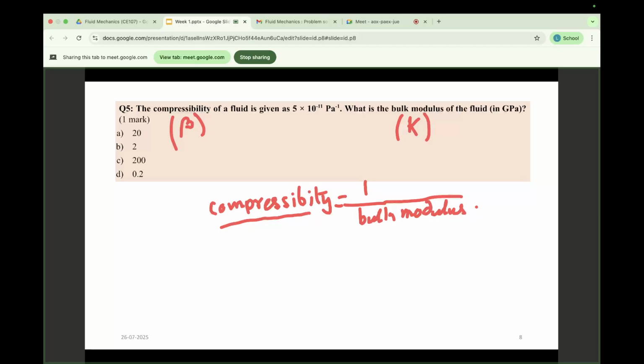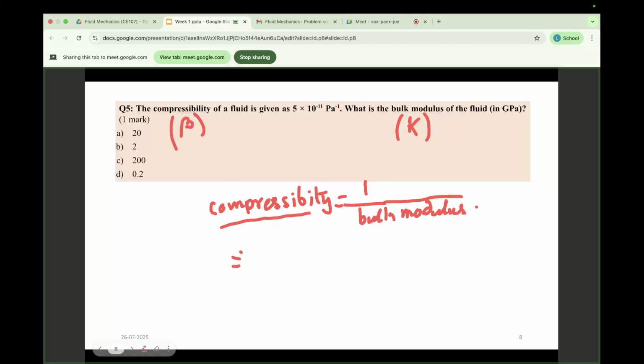So a constant represents how rigid the body is or how it resists the compression. Since we are dealing with a fluid, this bulk modulus represents the resistance of a fluid to compression.